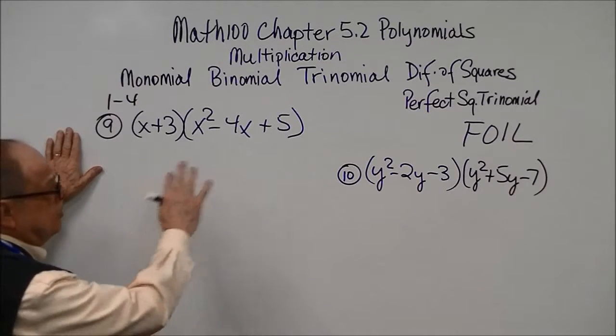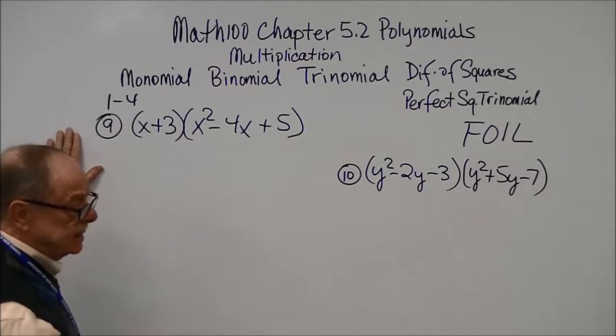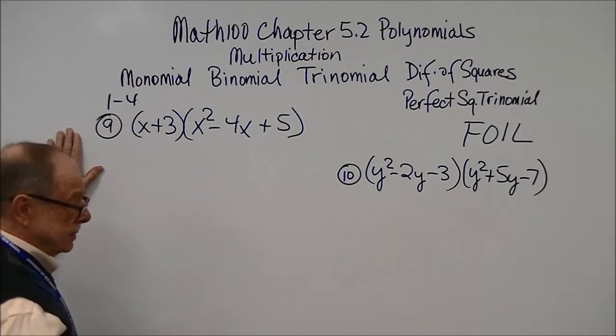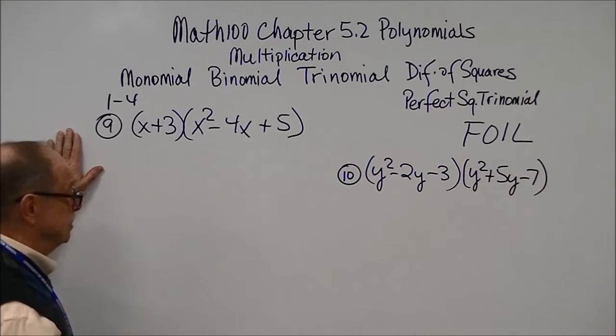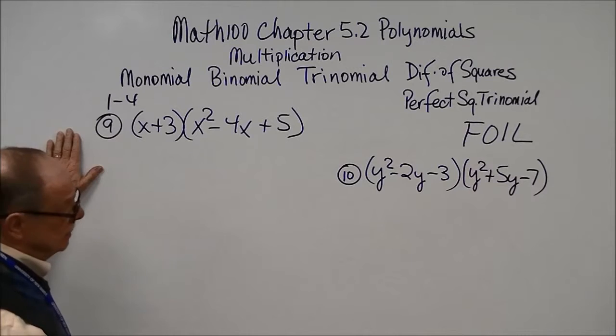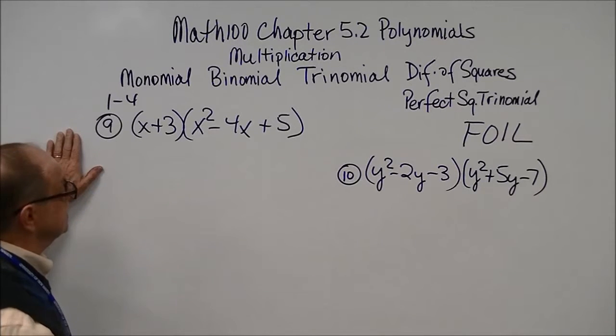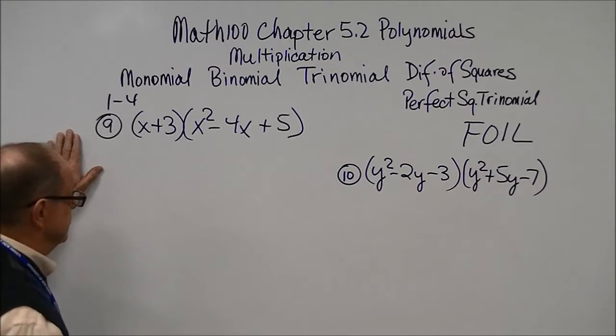Again, what we're trying to show you here is the technique to do things. We're just not doing lots and lots of examples. You'll have practice, and then of course you'll have your quiz, and then later the test. But you want to develop a strategy for doing these.